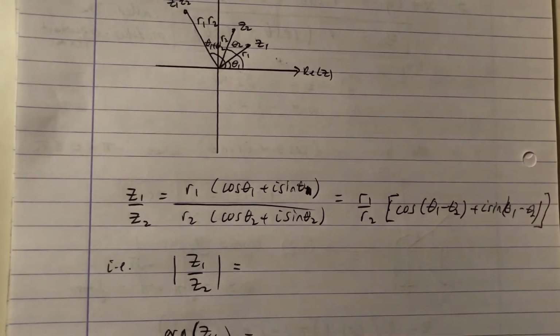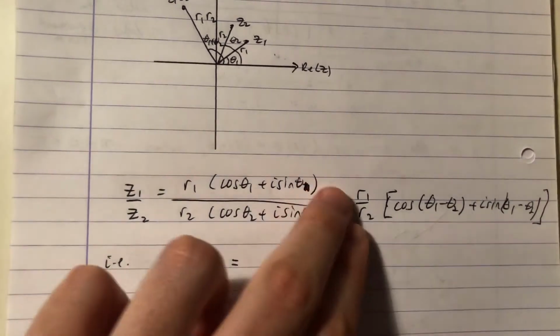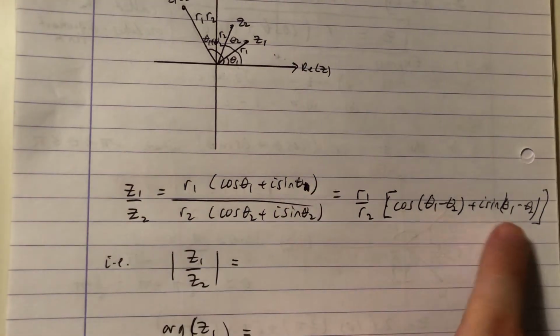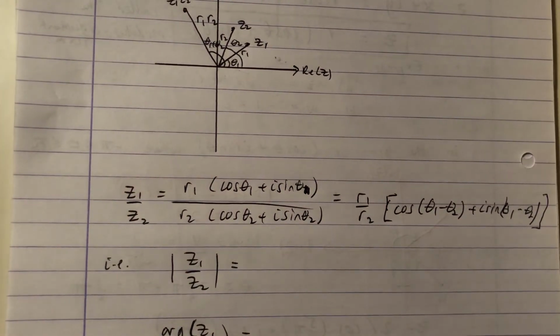Like so. That would be the shortcut. You divide the moduluses and you subtract the arguments.